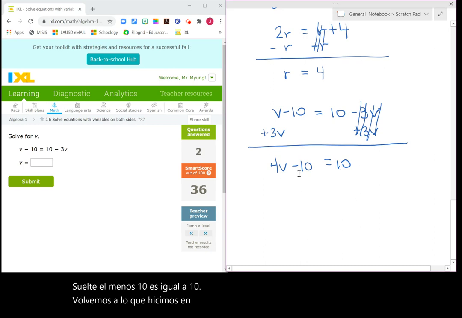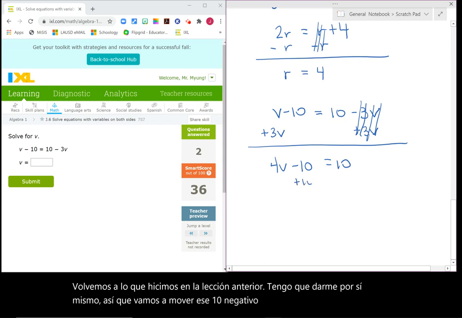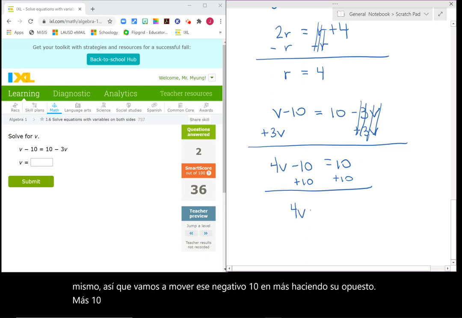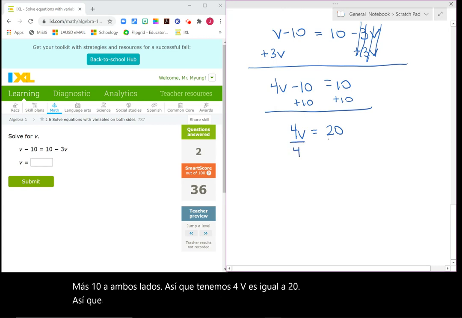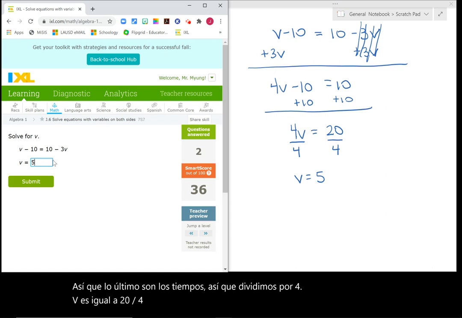Got to get v by itself, so let's move that negative 10 on over by doing its opposite, plus 10 to both sides. So we have 4v equals 20. 4 times v, so the last thing is times, so we divide by 4. So v equals 20 divided by 4 is 5, and there's our answer.